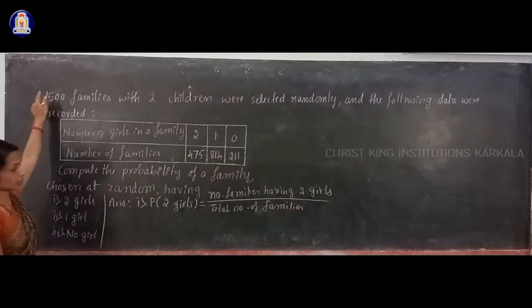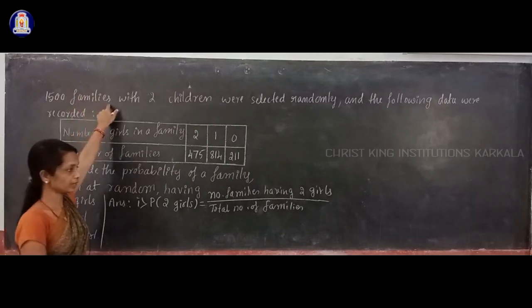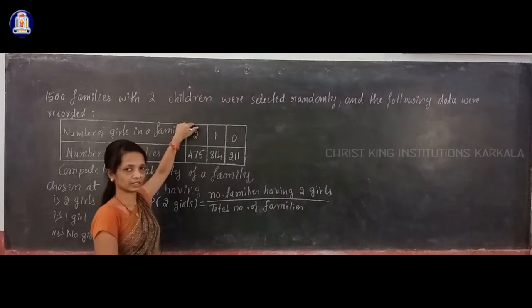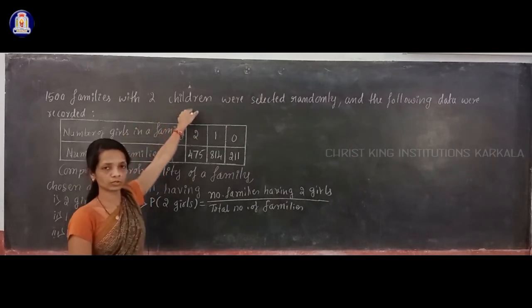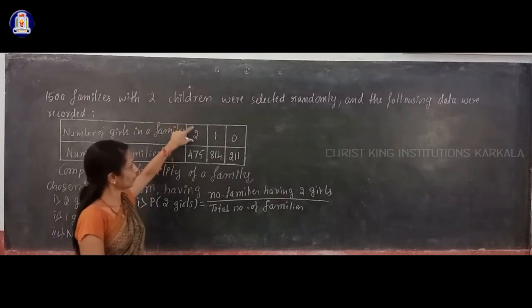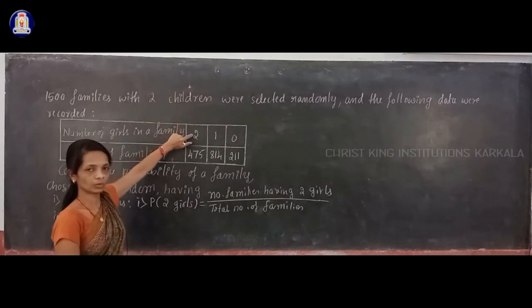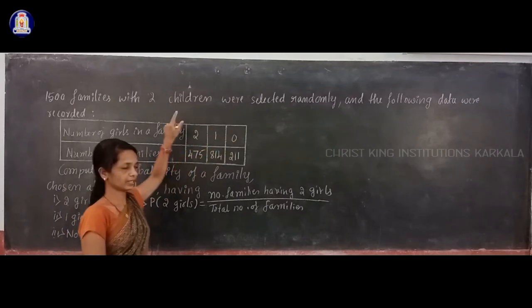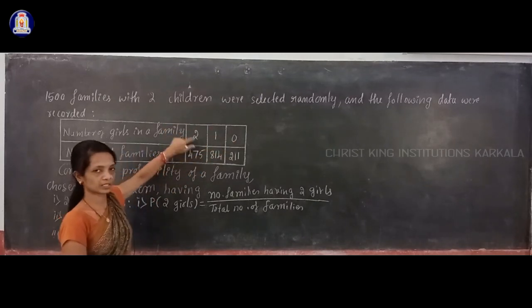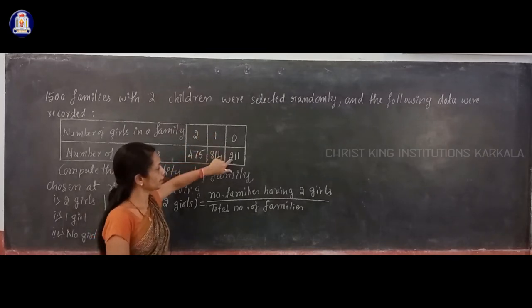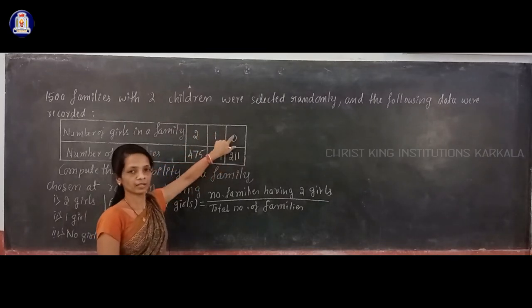Actually there are 1500 families surveyed, and the data are recorded like this. Families having 2 children were surveyed, and the number of girls is taken as 2, 1, 0. 475 families are having 2 girls, 814 families having 1 girl, and 211 families having no girl. No girl means 0 girls, I mean both are boys there.